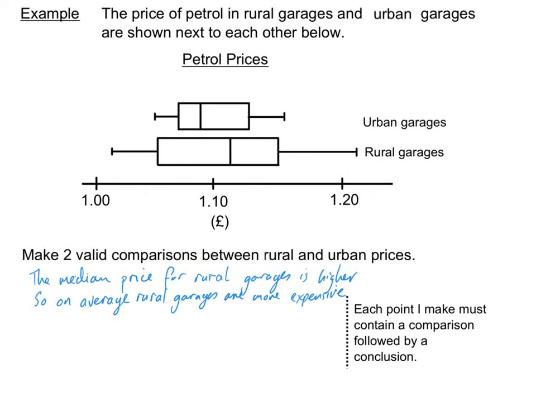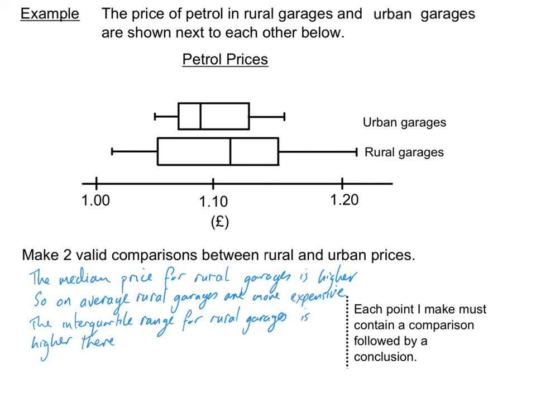So straight away we can see the interquartile range for rural garages is bigger than the interquartile range for urban garages. So that would be my comparison. I need to say which one is bigger. So the interquartile range for rural garages is higher.